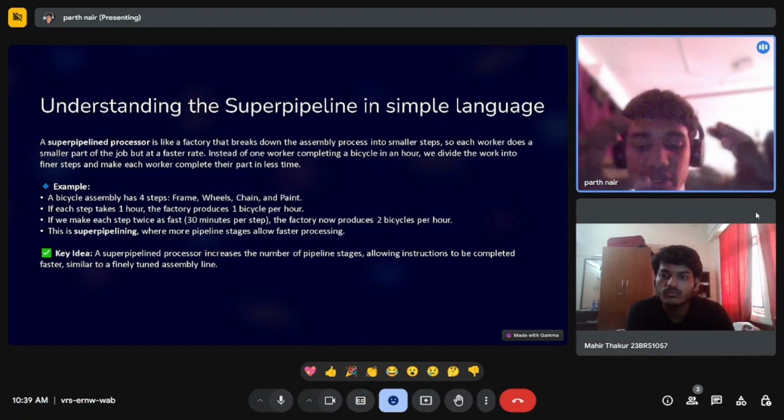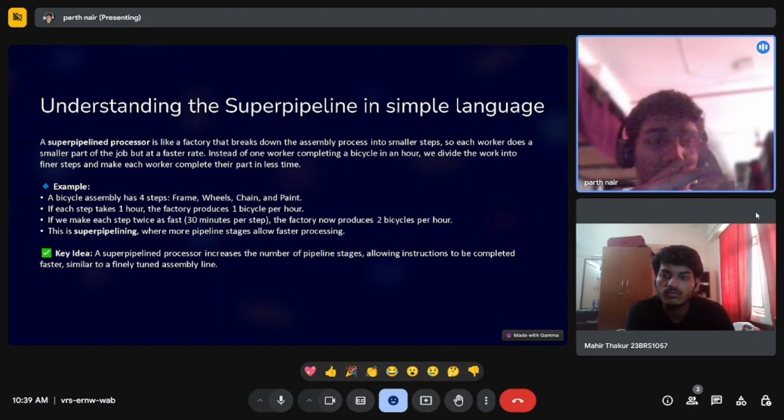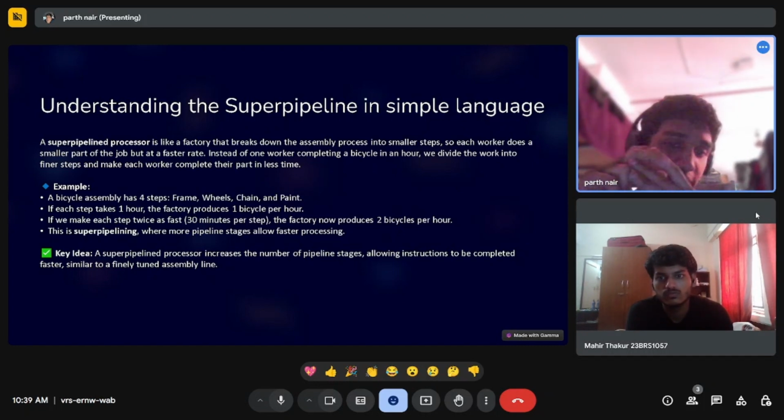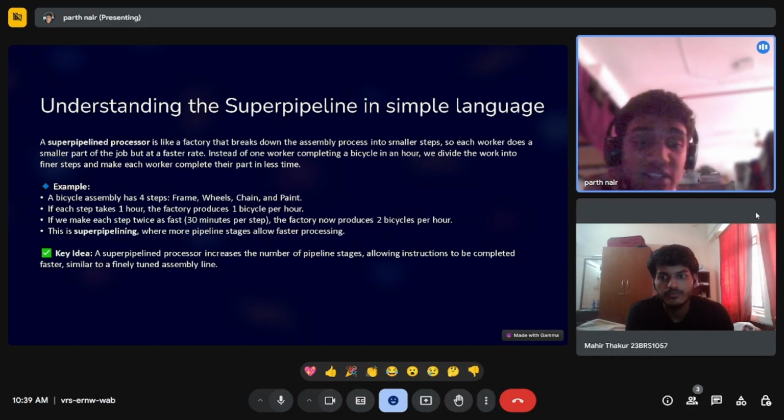To put this into an example, a bike assembly has four steps: frame, chain, wheels, and paint. If each step takes 1 hour, the factory produces one bicycle per hour.